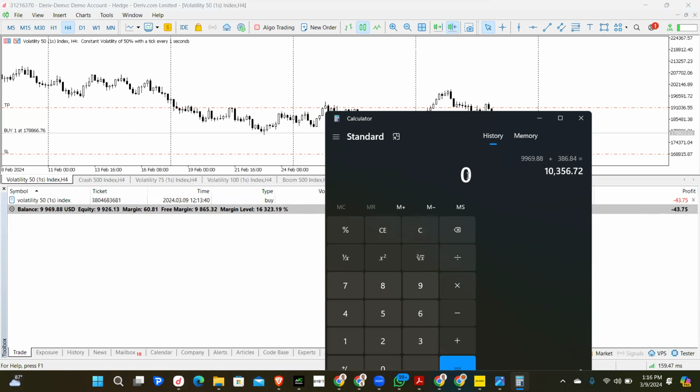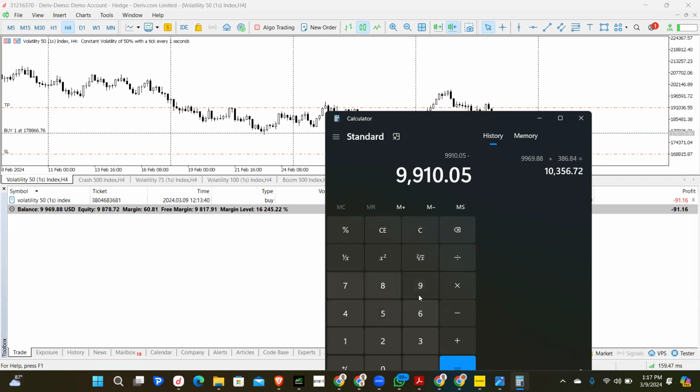So free margin is your equity, which is 9981. Price is just moving fast, it's just volatile. So 9910.05 minus margin.